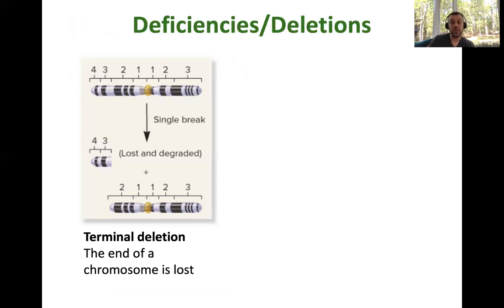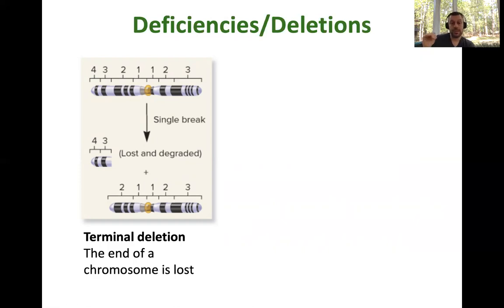So relatively straightforward are deficiencies and deletions. Here on the left, you see a chromosome with, of course, the two arms and the centromere in the middle. And all we've done is number different parts of the chromosome so you can see what order they come in, and you can diagnose what happens when there's some issue with that chromosome.